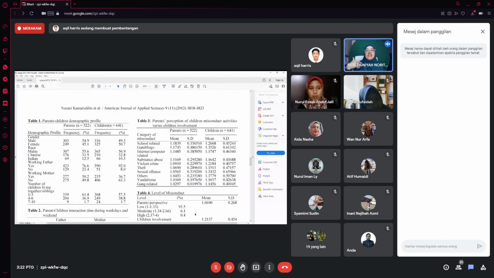And then you have perception of children's misconduct activities versus children's involvement. So you've got a set of variables. These are the categories of misconduct: school related, gambling, internet computer related, substance abuse, violent crime, theft, sexual offense, others, vandalism, gang related.